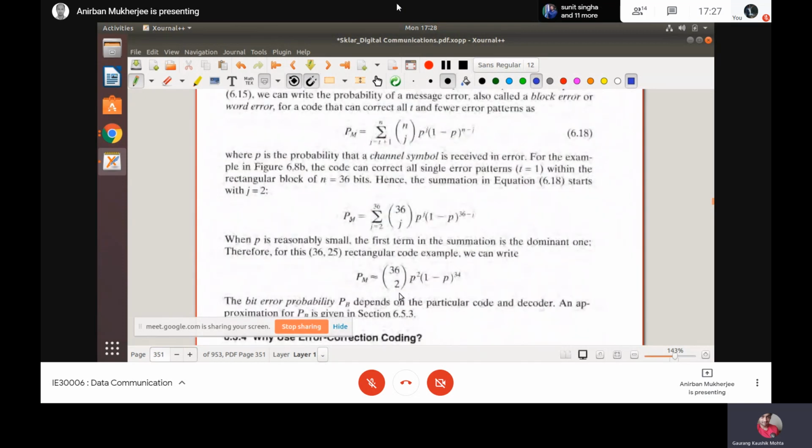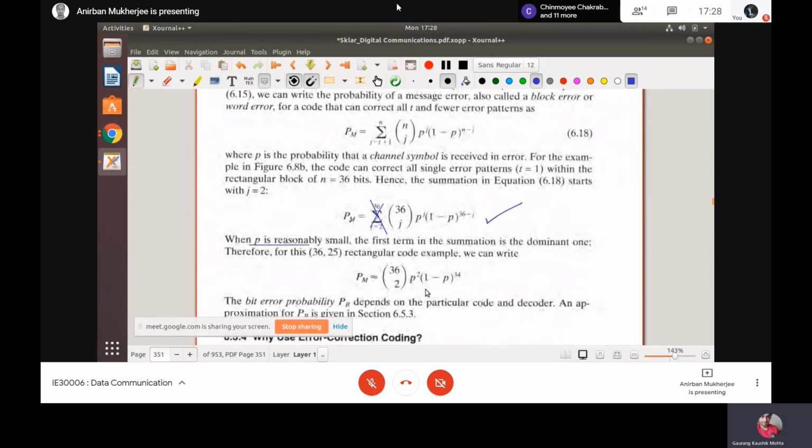So then you can calculate that this is the summation j equal to 2 to 36 of j pj, 1 minus 30 p 36 minus. Now when p is reasonably small, you can drop this summation and put this value, when p is something around 10 to the 8 or 10 to the 9.